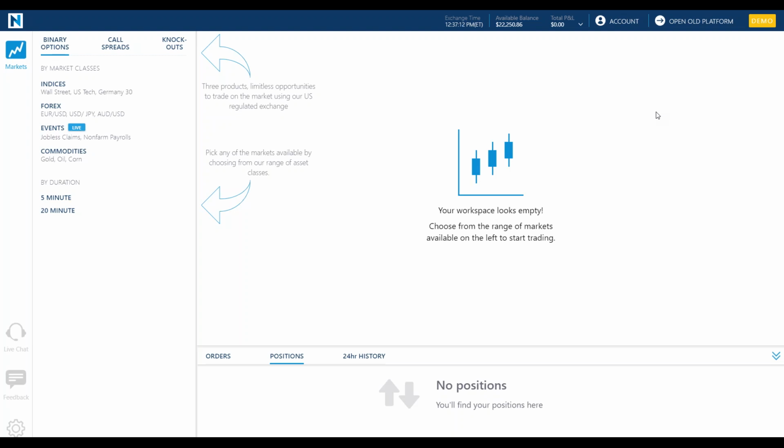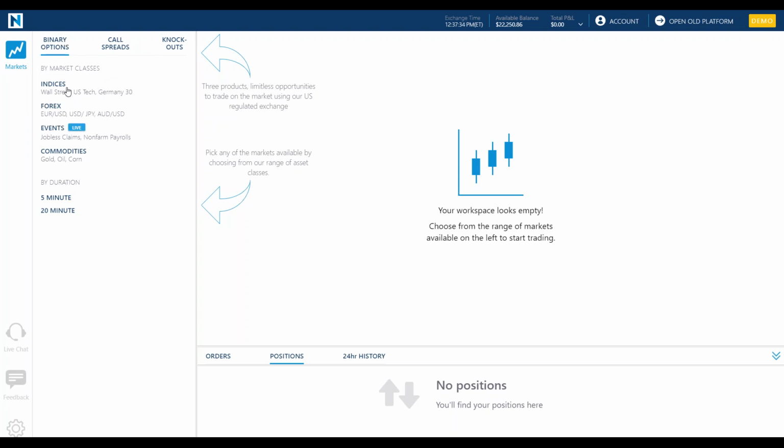When you log into the Nadex platform, you'll notice that there are different panels. On the left-hand side of the platform, there are our market classes. You've got binary options, call spreads, and knockouts. And underneath each one of those, we've got the different products.